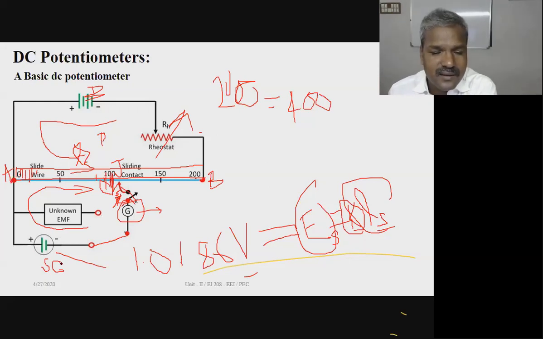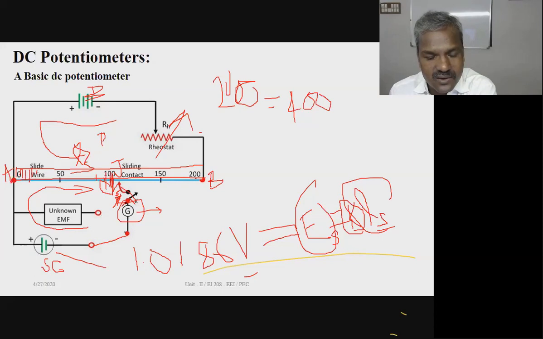Another type is you connect the standard cell, move the jockey and place it anywhere. If you place it anywhere, you can adjust the rheostat. You can increase or decrease the current in the primary circuitry by adjusting this rheostat, until you get zero deflection in the galvanometer.